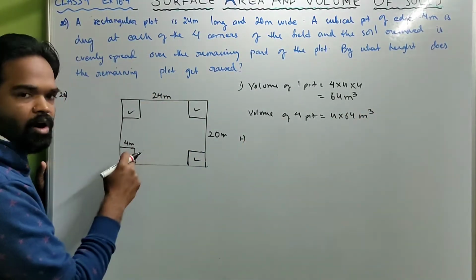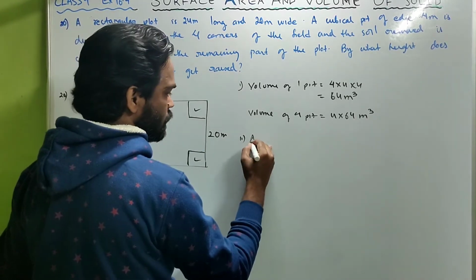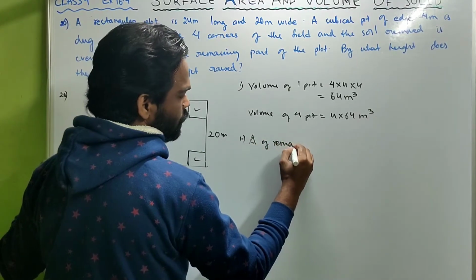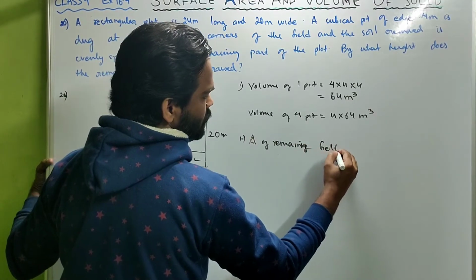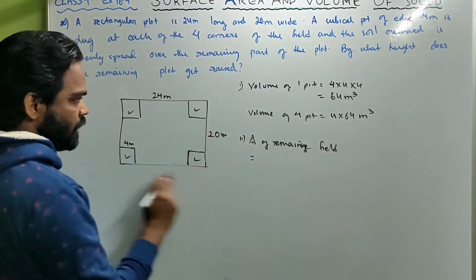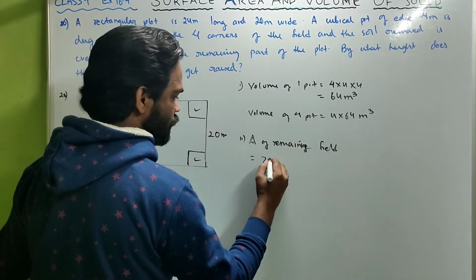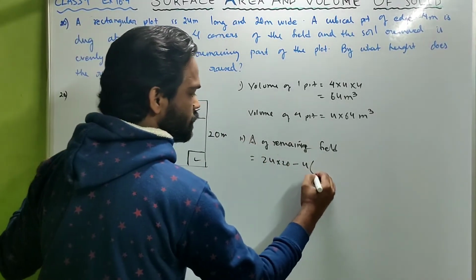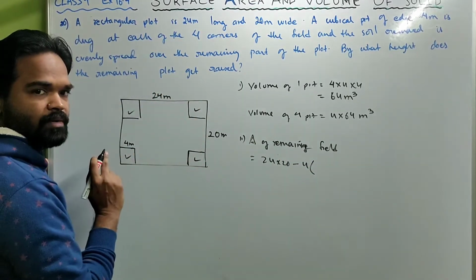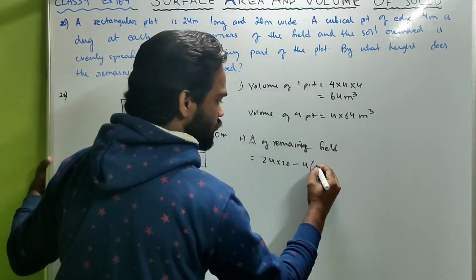Now when the pit is formed, the area of the remaining field, that's area of the rectangle, which is 24 multiplied by 20 minus 4 times the area of the square, okay, which is area of the square is what?